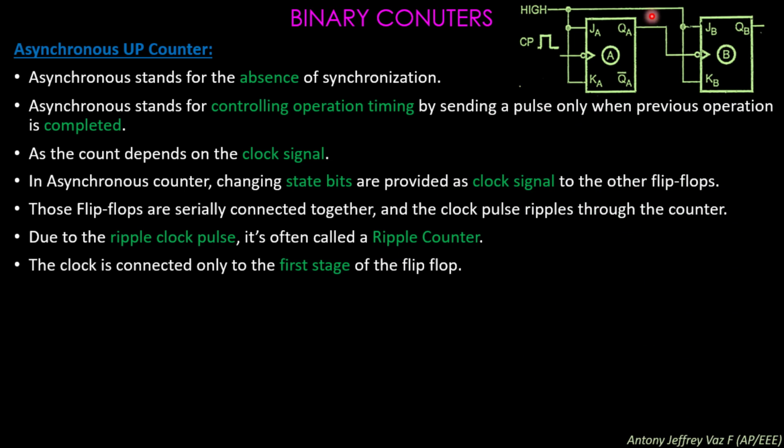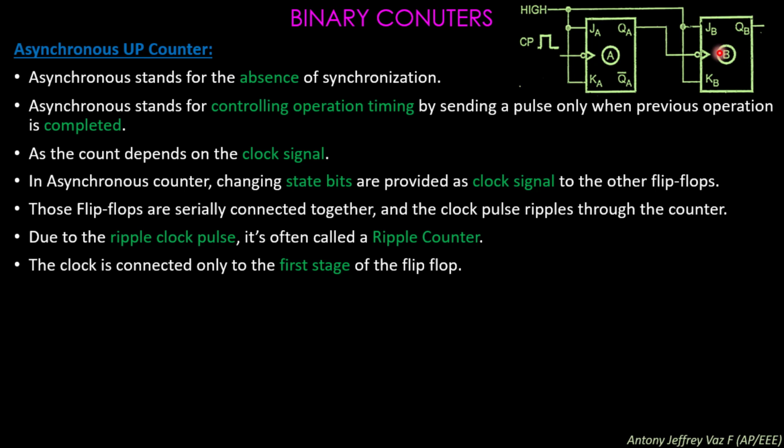So this is the logical circuit diagram of the asynchronous up counter. Here you can see JA, KA, JB and KB signals are connected to the high position. So the high value, that is the boolean 1, is connected to JA, KA, JB and KB. In the A flip-flop only, you are going to apply the clock pulse.